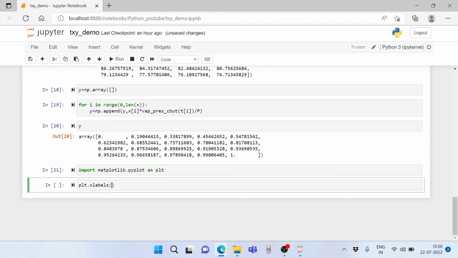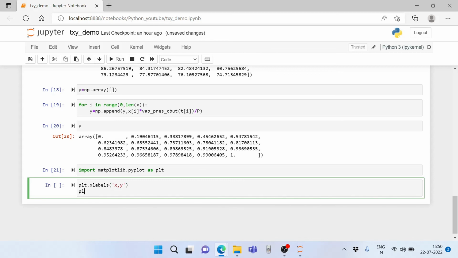The x label is going to be X, Y. The y label is going to be T. It's not s label, it's label.